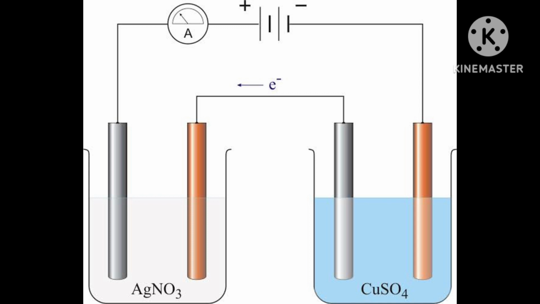What is the mass of copper deposited at the cathode? By this numerical you can understand.